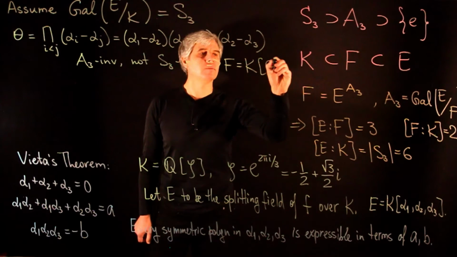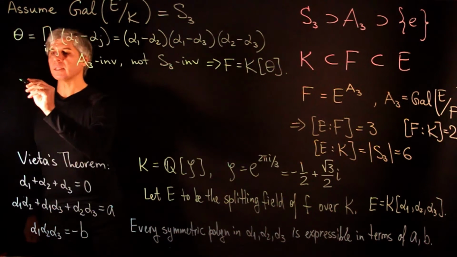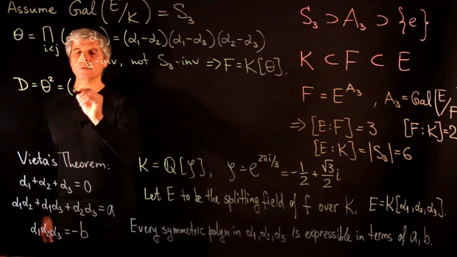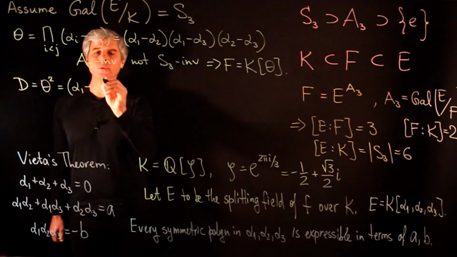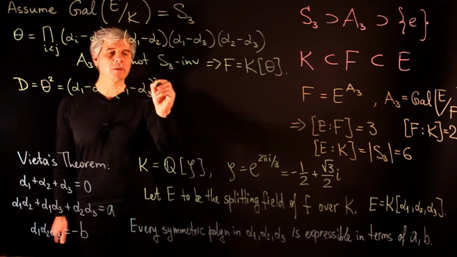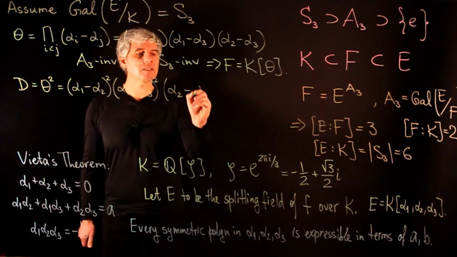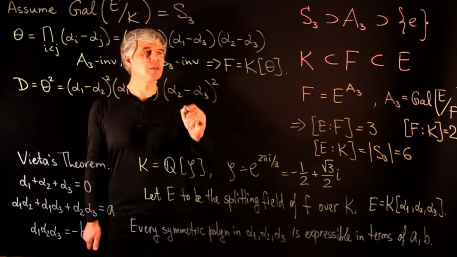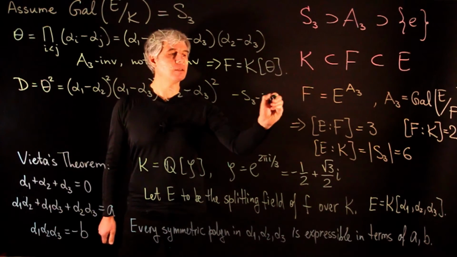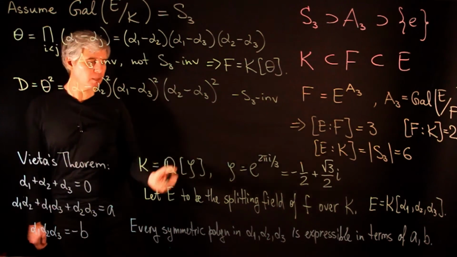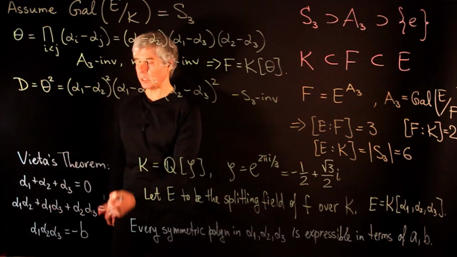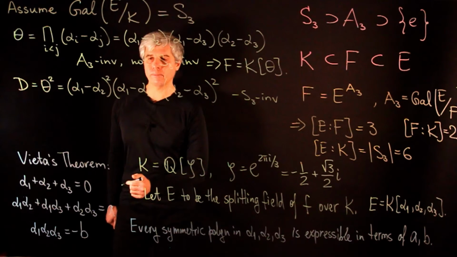The discriminant D is theta squared, and so it's the product of alpha 1 minus alpha 2 squared times alpha 1 minus alpha 3 squared times alpha 2 minus alpha 3 squared. Now this is S3 invariant. And being a symmetric polynomial, it is expressible in terms of our coefficients a and b using Vieta's theorem.